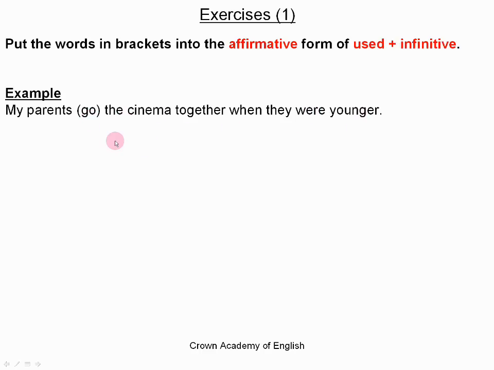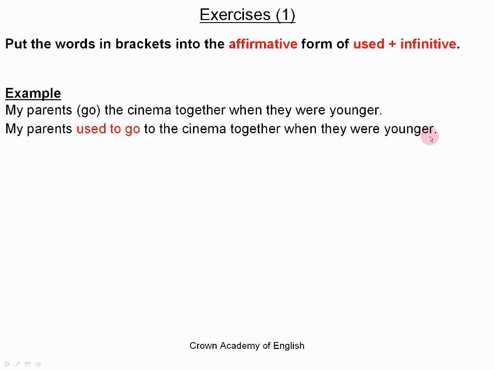So the exercise is, I want you to put the word go into the affirmative form of used and the infinitive. So the answer is, my parents used to go to the cinema together when they were younger.